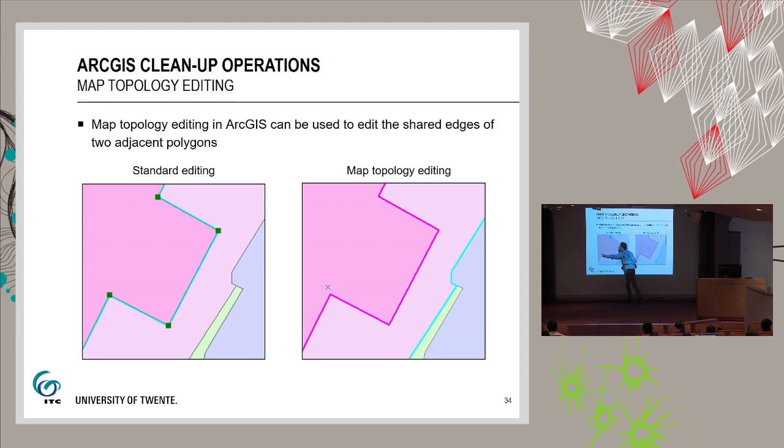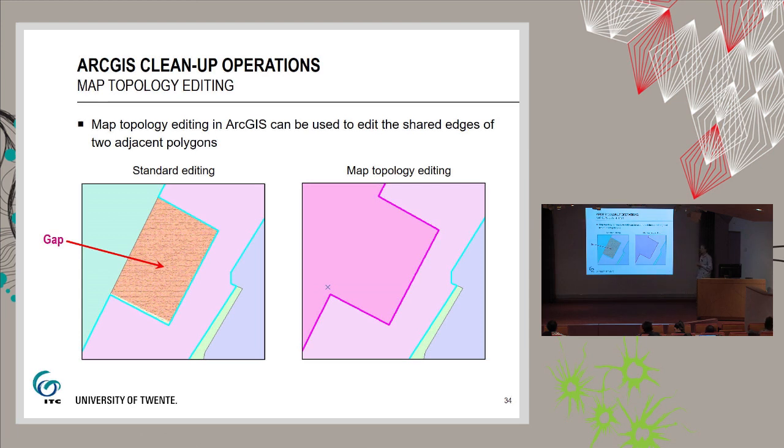This should be straightened. And if I use the standard editing tool, what will happen? I will create a gap. Because in fact, these two adjacent polygons have their own boundary. And if I just do it with the editing tool, it will create a kind of gap.